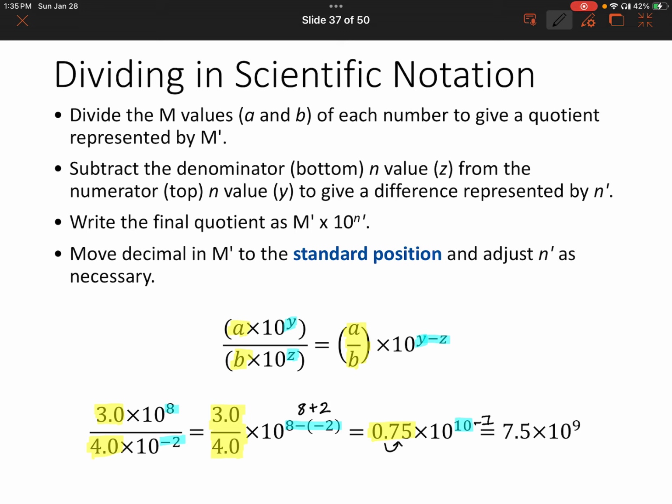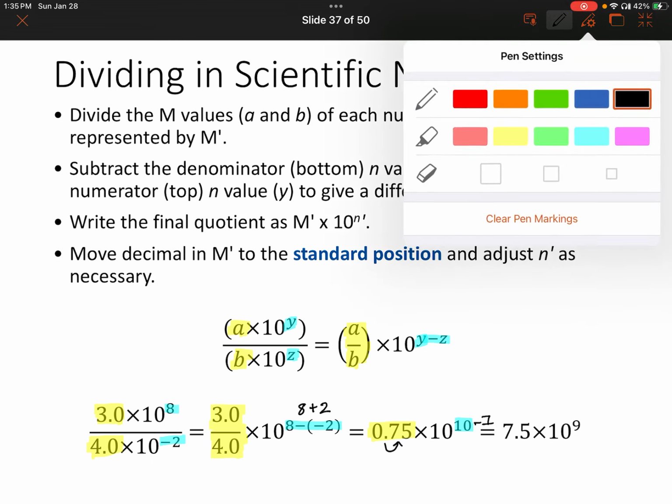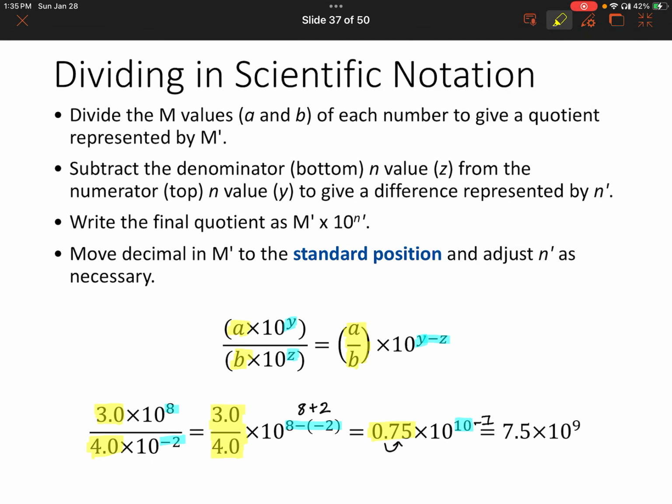The coefficient is getting bigger, so we have to make our exponent smaller, I should say. So we end up with 7.5 times 10 to the 9th. So again, we had to make a small adjustment there in the end.